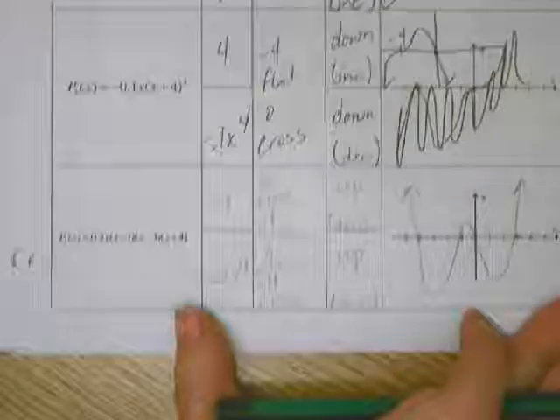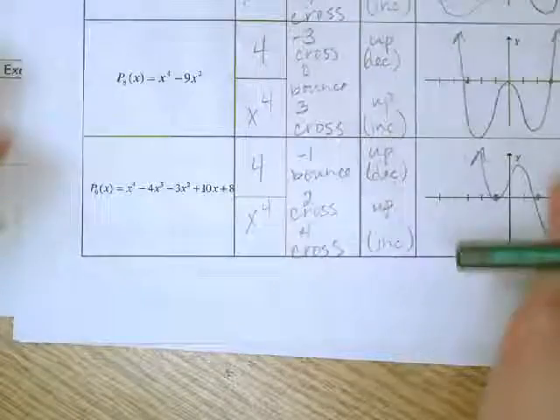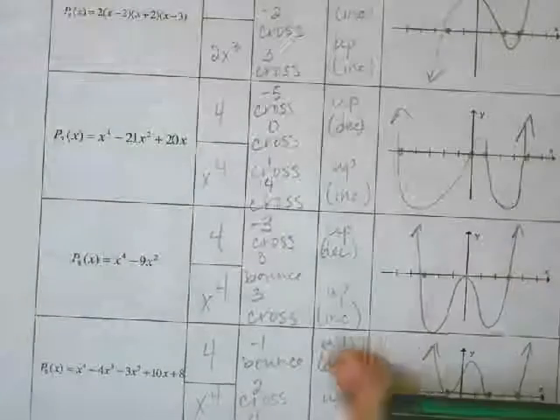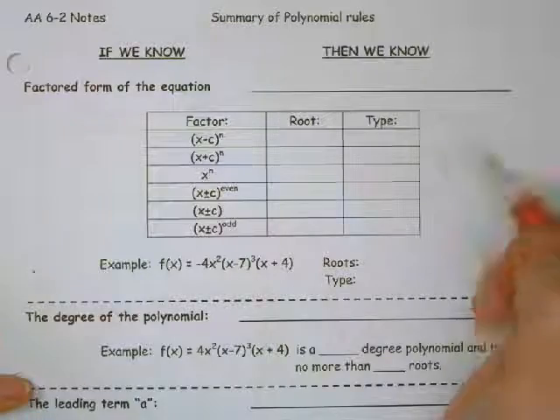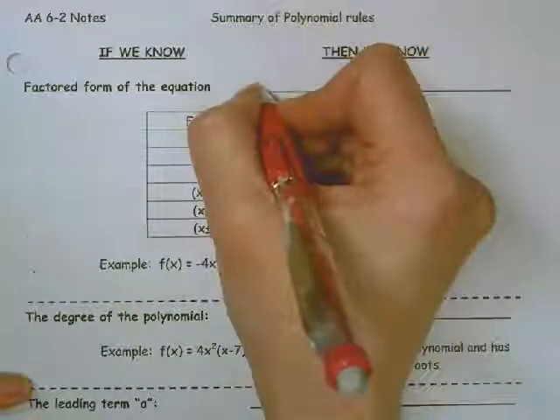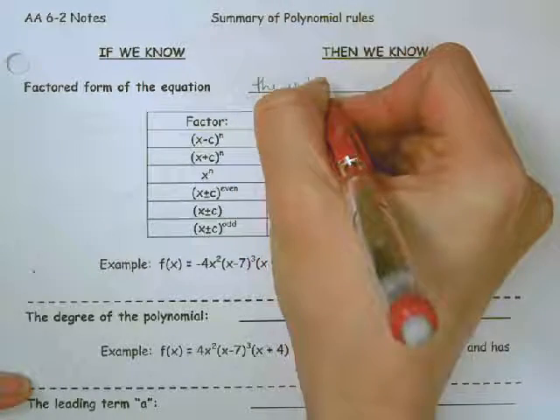So out of those different graphs that you did in the investigation, there were some definite trends and some patterns that are important to what we're doing this unit. So if we know the factored form of the equation, we know the values of the x-intercepts.